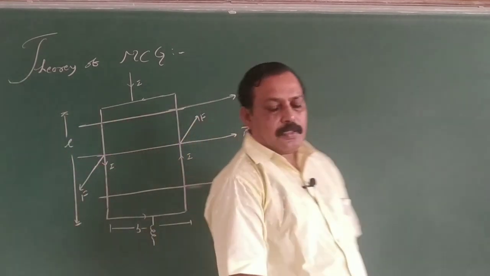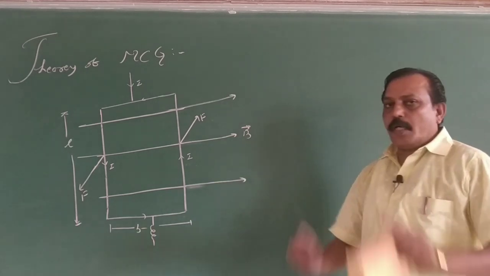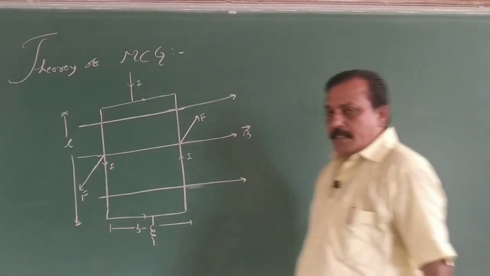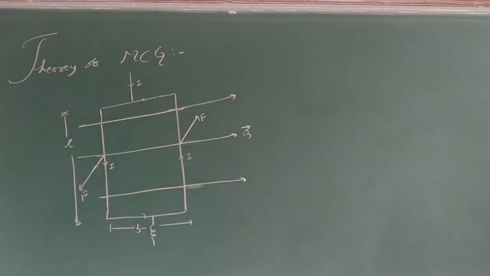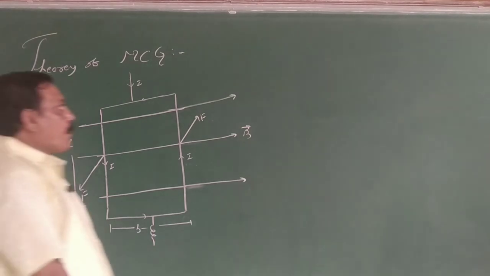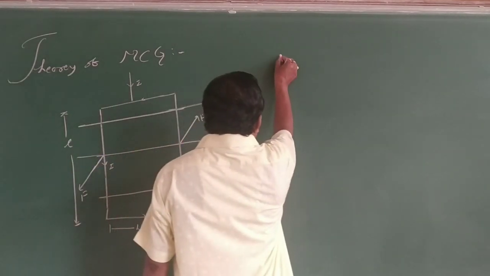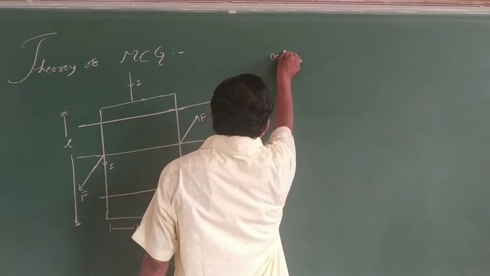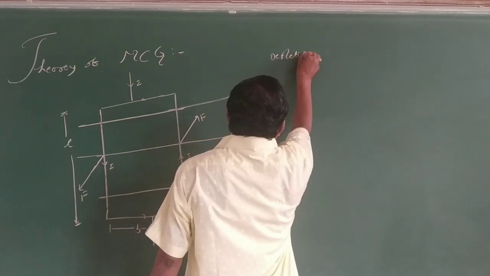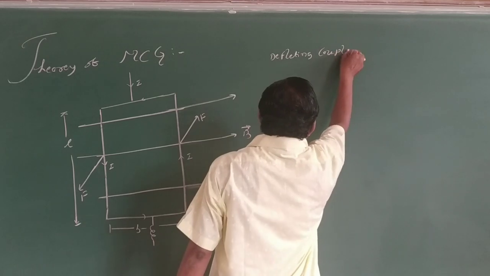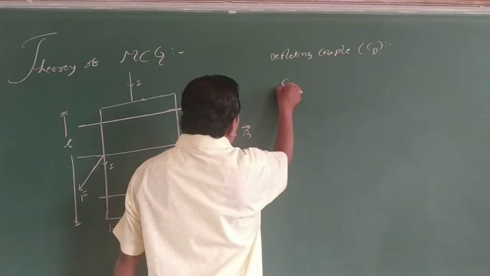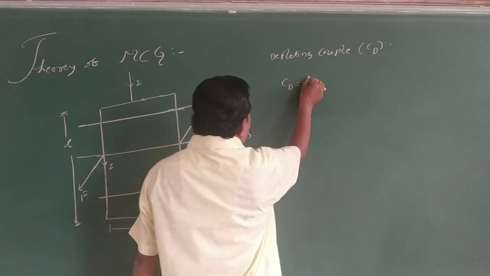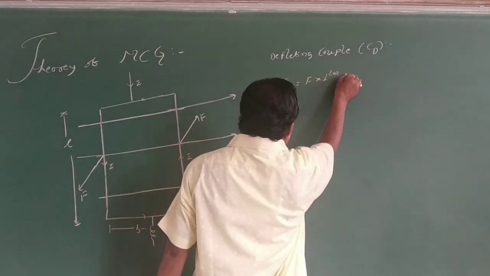That torque or couple makes the coil rotate, and this couple is called the deflecting couple. So, the deflecting couple, shall I mention it? CD. Deflecting couple is force into perpendicular distance.